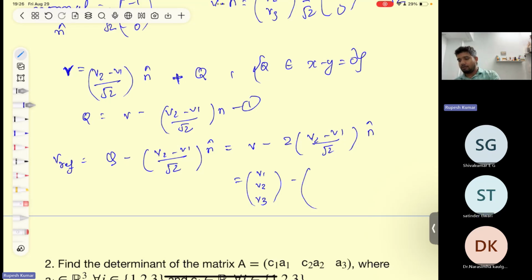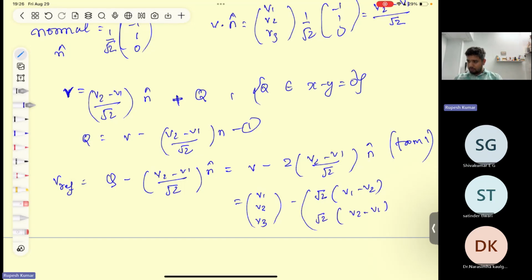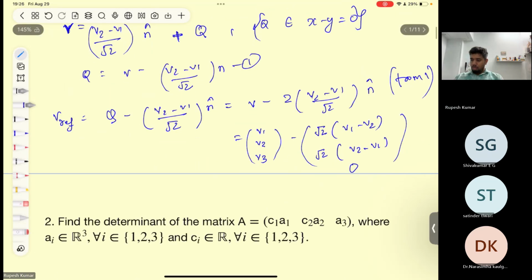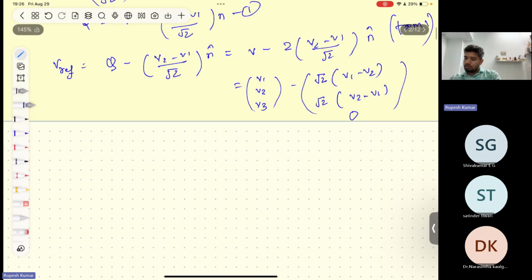This is correct, and from equation 1, I can substitute the value of Q. I can say Q is this, and then put in the value. You get root 2 multiplied by V1 minus V2, root 2 multiplied by V2 minus V1, 0. Right? So what is this vector? And then again, we just have to figure out the map from here.